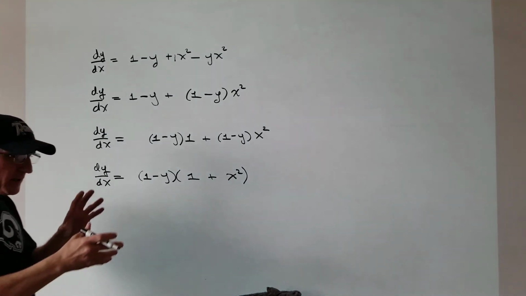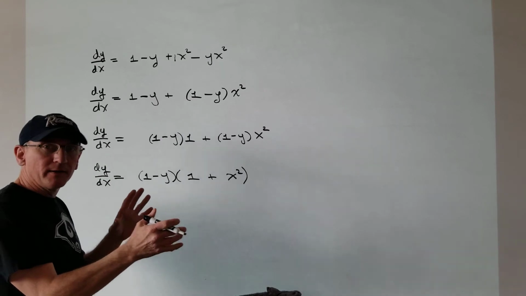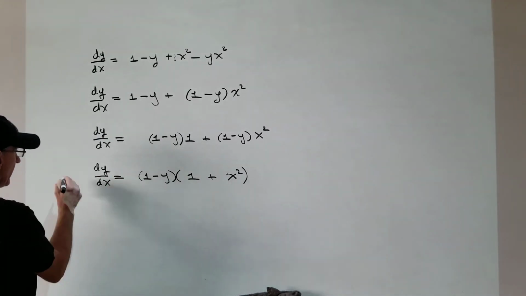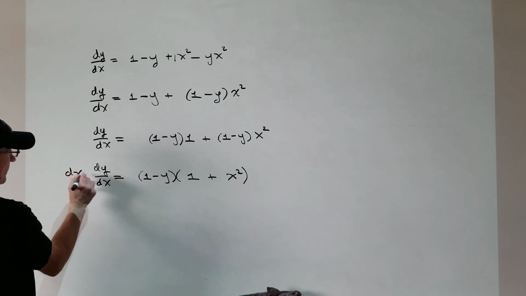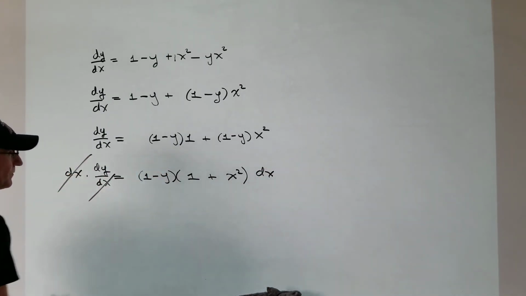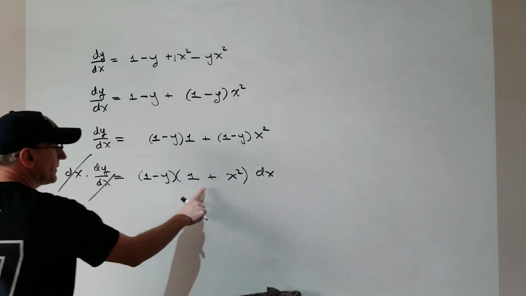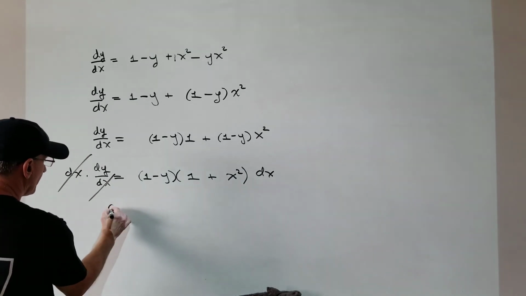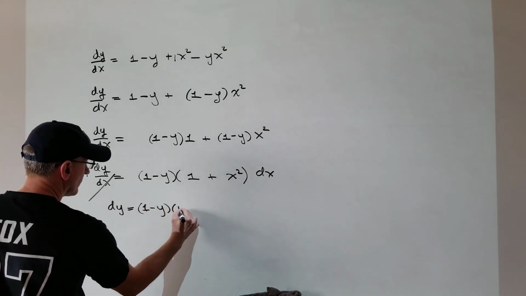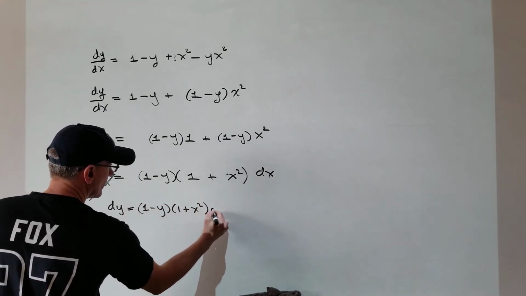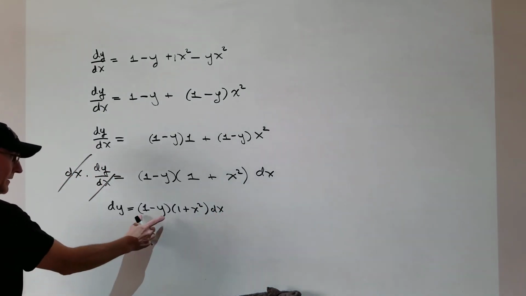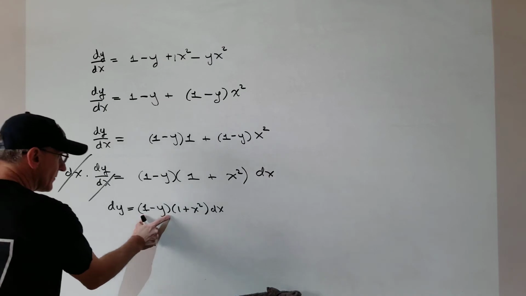And in order to achieve that separated look that I showed you a minute ago, or twice now, multiply both sides of this by dx, so that these cancel, and then divide both sides by 1 plus x squared. Or excuse me, divide both sides by 1 minus y.